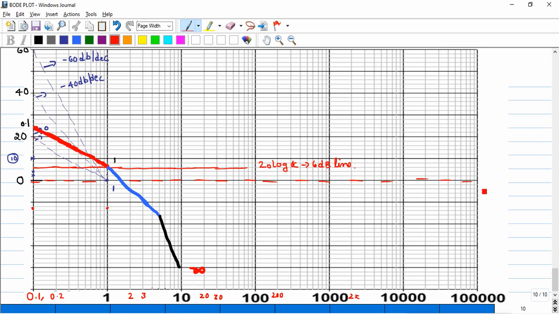You can take the measurement here as well as here. I will consider each 2 divisions: this is minus 90, minus 180 and minus 270, and minus 180 will be the reference line.